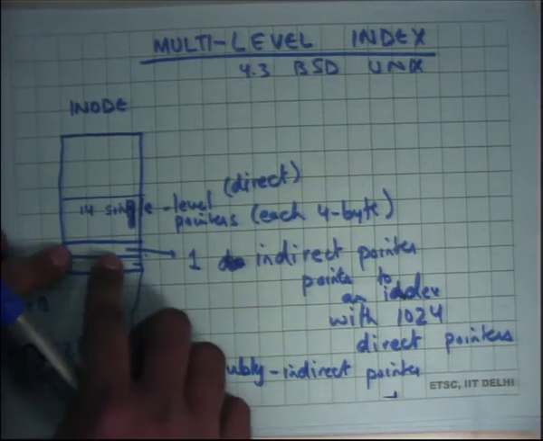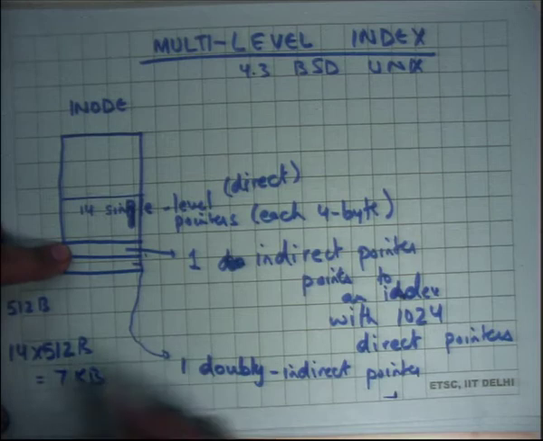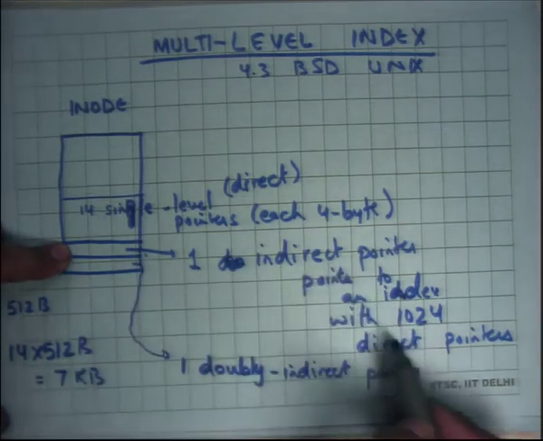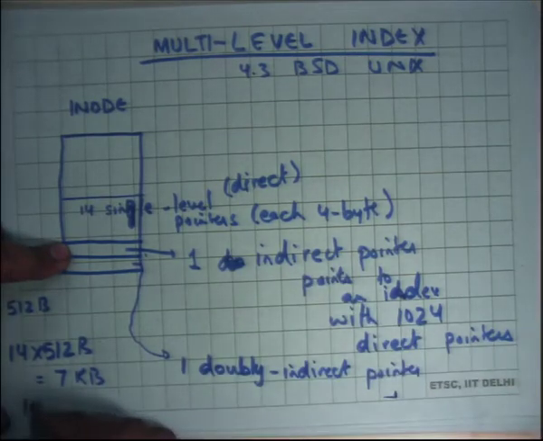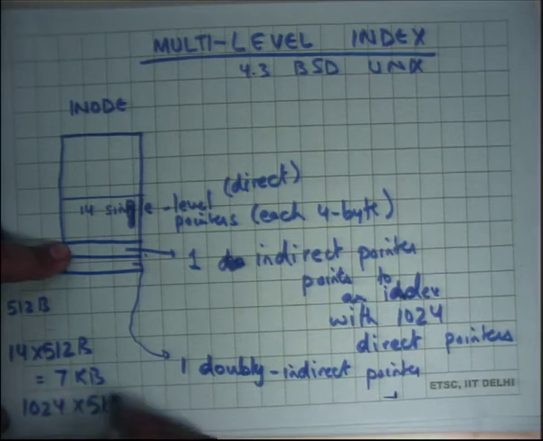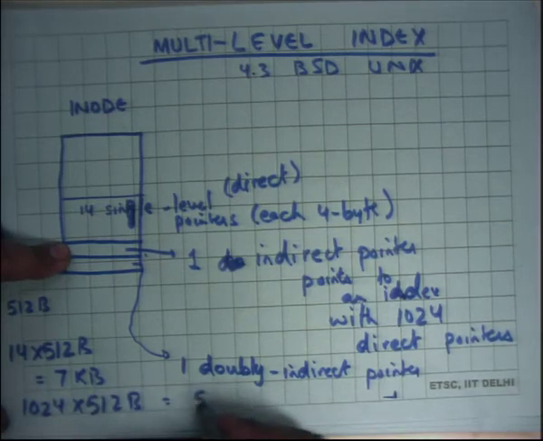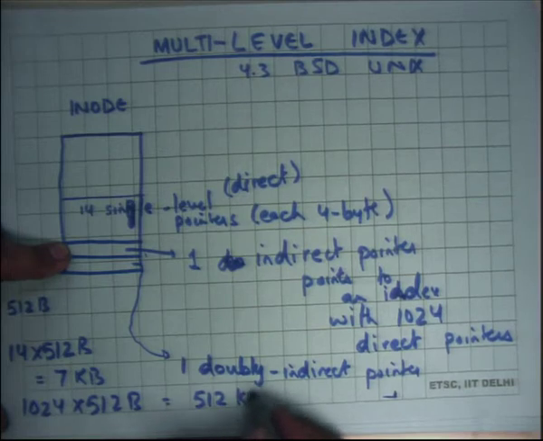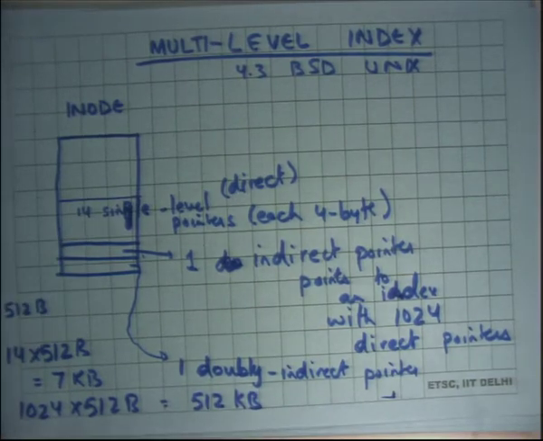One indirect pointer with 1024 direct pointers is 1024 times 512 bytes, that's 512 kilobytes. So files of size up to 512 kilobytes will need 2 metadata accesses to dereference them, and files bigger than that, 512 megabytes or larger, can be done using 3 metadata accesses. So that's basically how it's done.